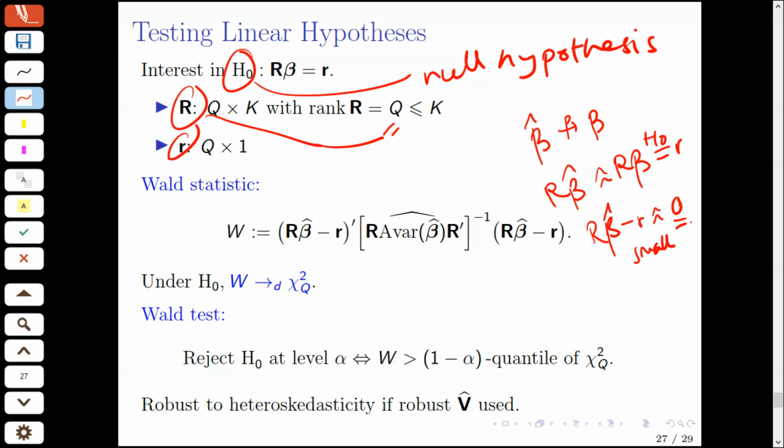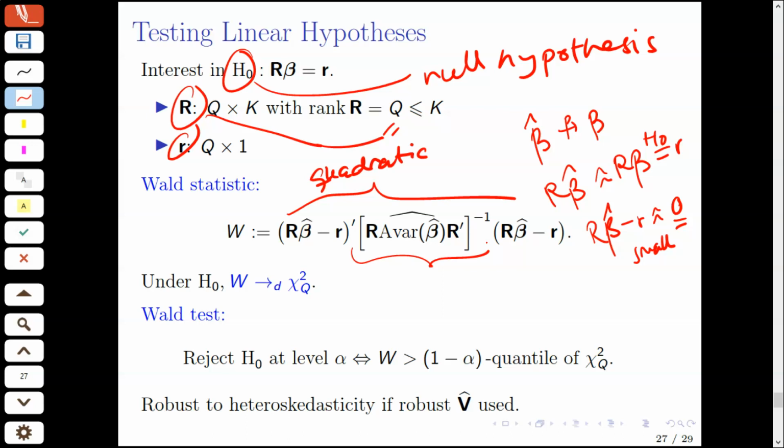Well, here we're dealing with vectors, so in order to carry out this division, we're going to compute this quadratic form, which is again a sandwich of the difference that we hypothesize should be small with high probability, at least for the true betas, it should be 0. And when we put that relative to this variance term, it should be small as well.